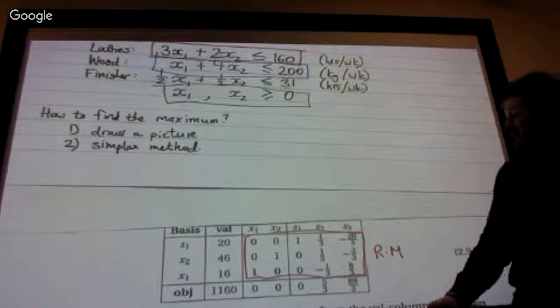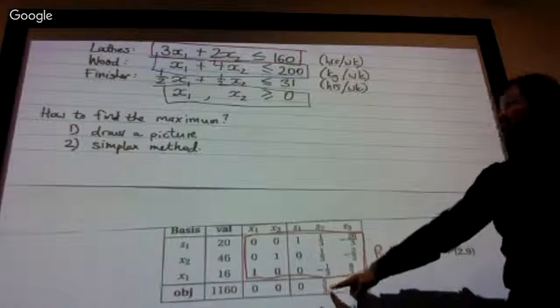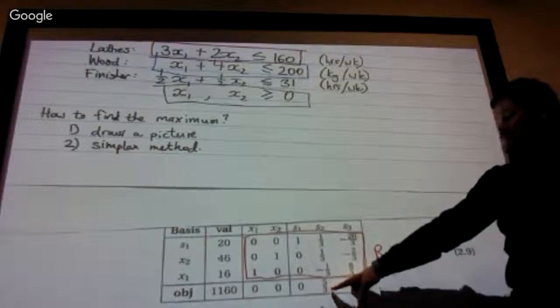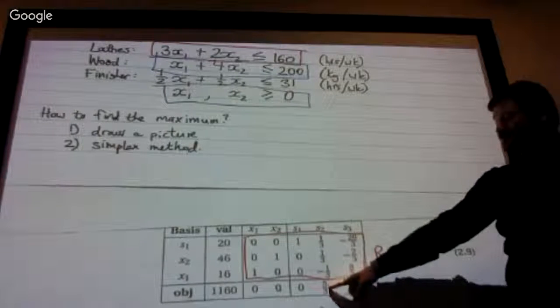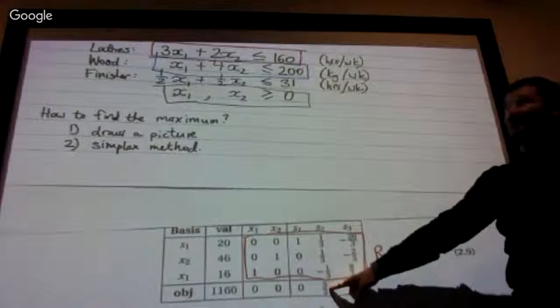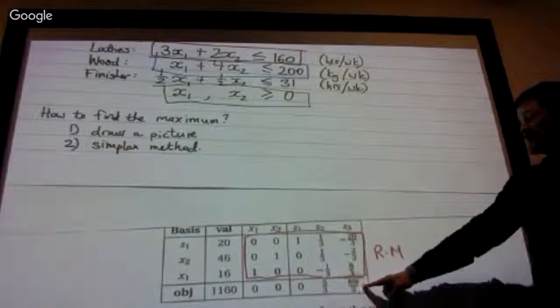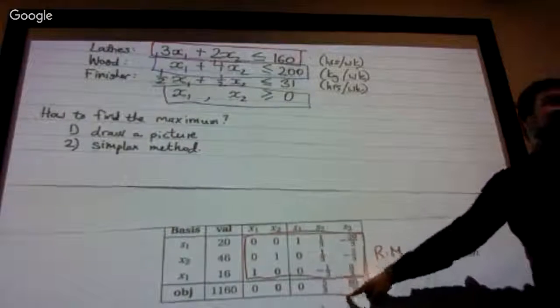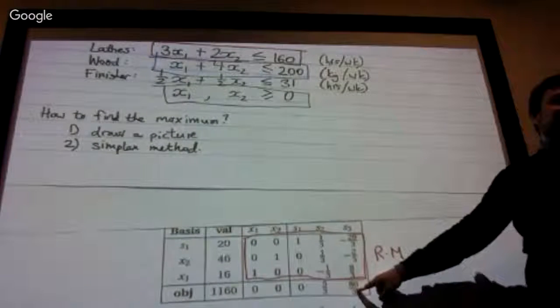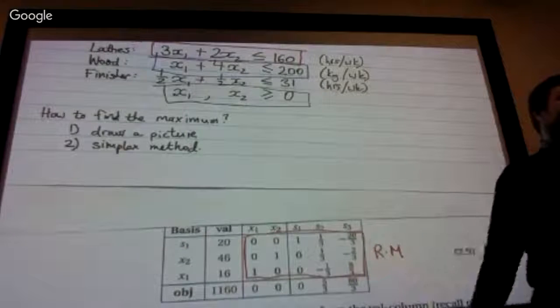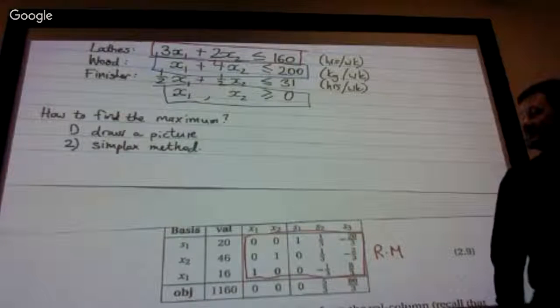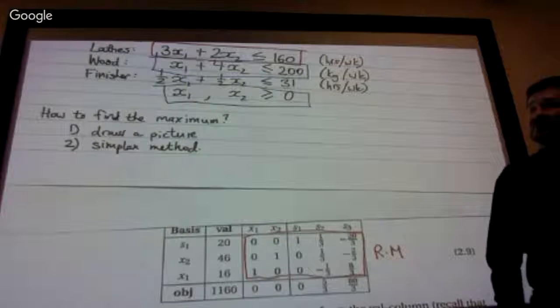But if we could add an additional kilogram of wood, we would be earning £1.67 something more a week. And if we could add an additional hour of finishes time, we would be earning this much more every week. And that's the interpretation of what the dual solution does for us.